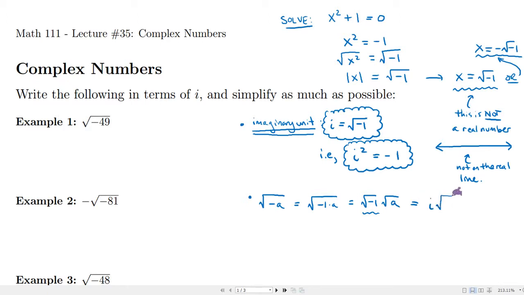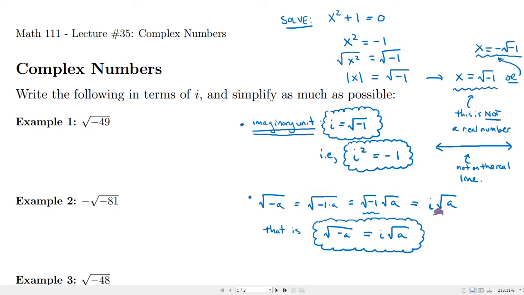So the square root of negative a, you could just write as i square root of a. That's another useful thing to remember. If you forget it, of course, you could redo this derivation here. So you're just going to pick up that i when you take square roots of negatives.